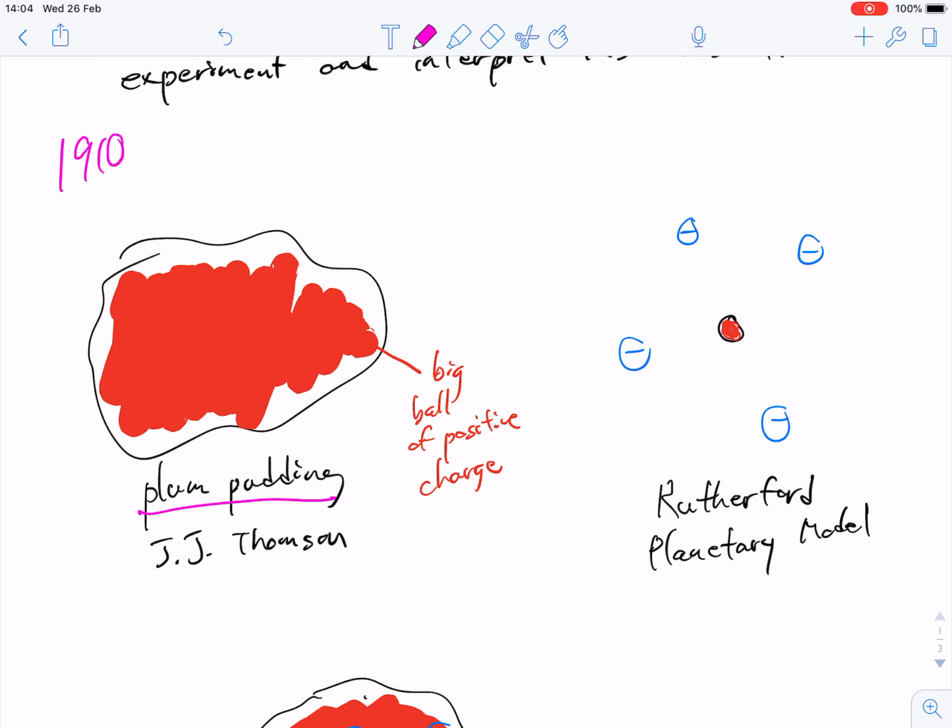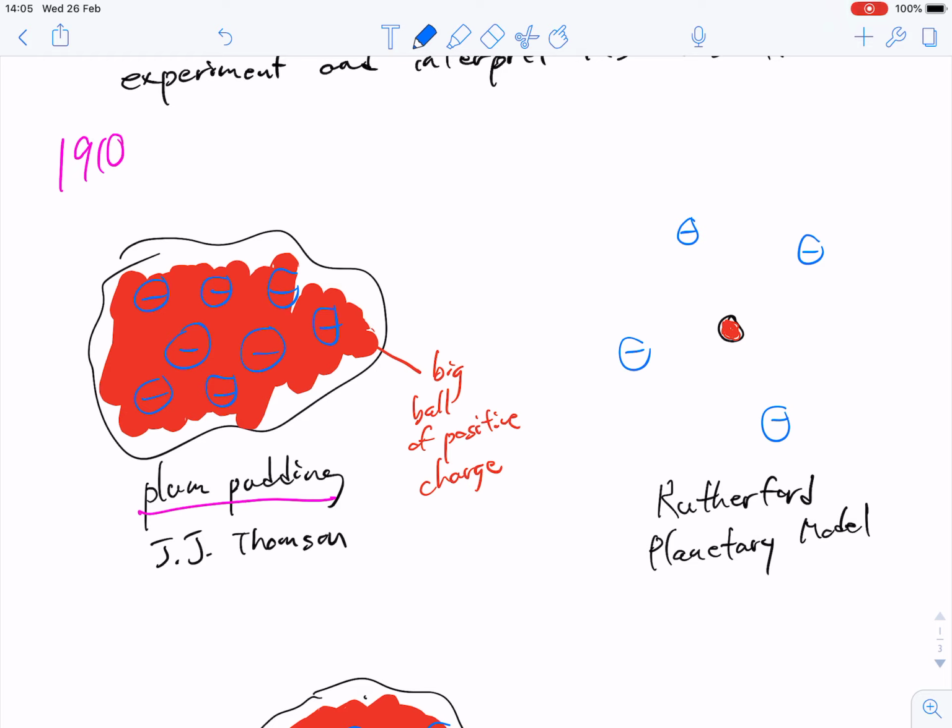The idea here was that within the plum pudding, there would be a massive ball of positive charge, and negative electrons scattered around, like a pizza where pepperoni and cheese is scattered around. They are randomly distributed, but in an even way as well.